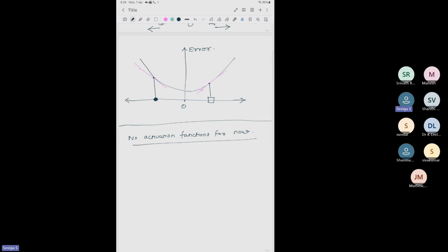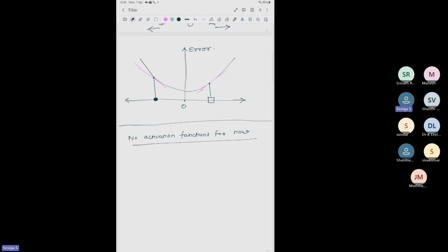To avoid that network collapse, we needed non-linearity, so we had activation layers. But for now, for whatever we are going to discuss hereafter, we are temporarily pretending there is no activation function in the neurons.